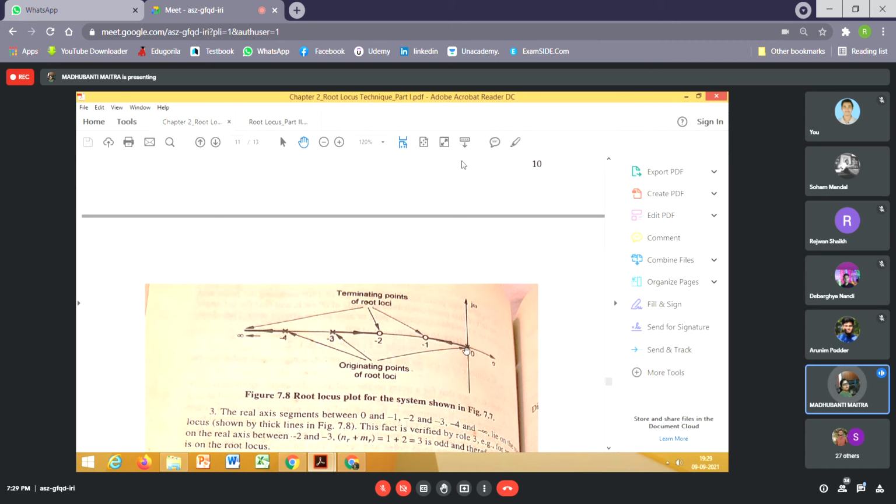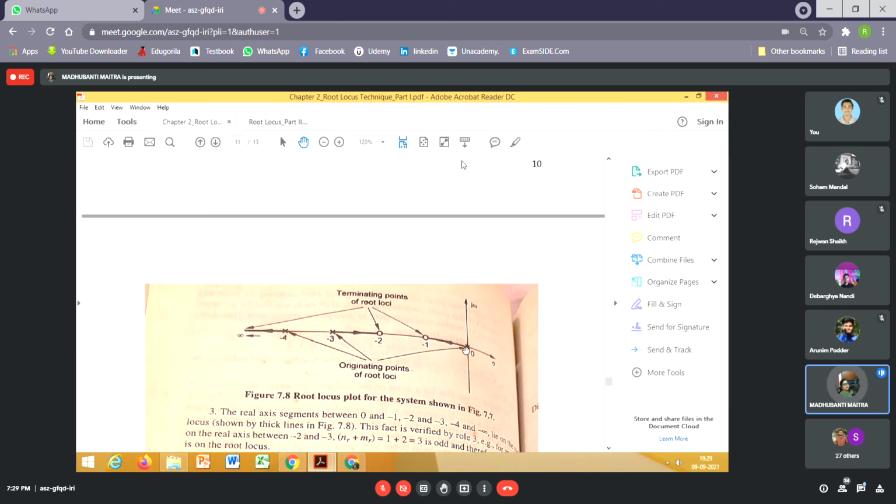Now, one root branch will originate from this open loop pole when K is equal to 0. Since this is an onlooker segment, and this is not an onlooker segment, the root branch will originate from this particular open loop pole and will terminate onto this open loop zero, because there is no other path.